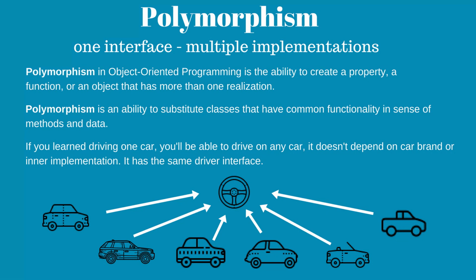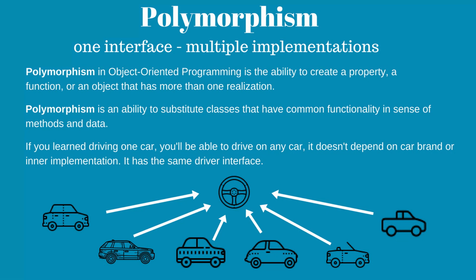So, for example, a function that expects a superclass instance as an argument can work correctly with a subclass instance as well, without the function needing to know about any of the subclasses. Let's look at a real-life example of polymorphism. If you learn driving one car, you'll be able to drive any car.